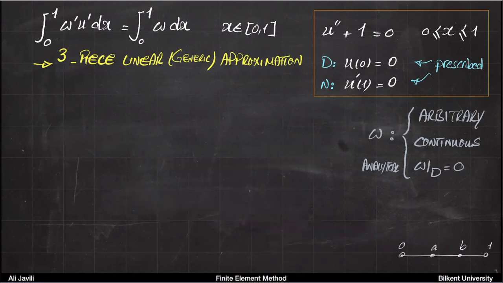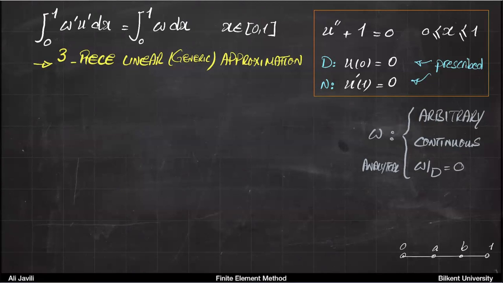I will just put it here on the corner so that we remember that is what we mean by A and B. Okay, so the procedure is very similar to what we have done for a two-piece linear approximation. What you need to do and what we want to do is to write those test functions and use them for each of these pieces.